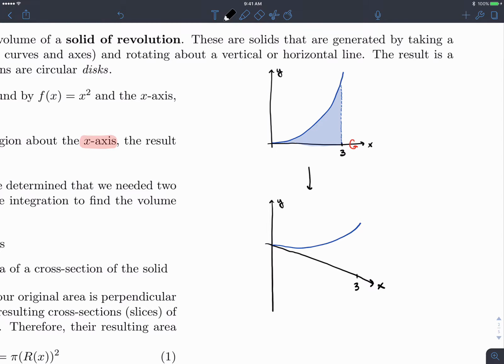And now what we do is we consider what this would look like if we were to rotate it. And essentially we're going to get sort of a horn-shaped solid. So this is that 3D solid that we've generated here.